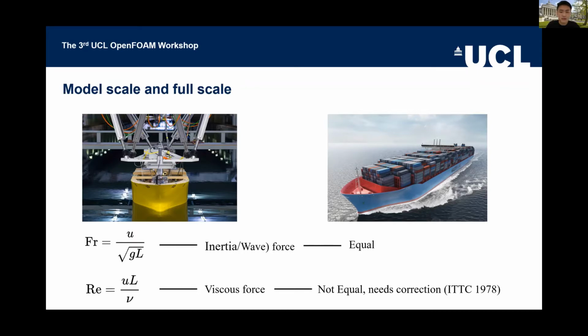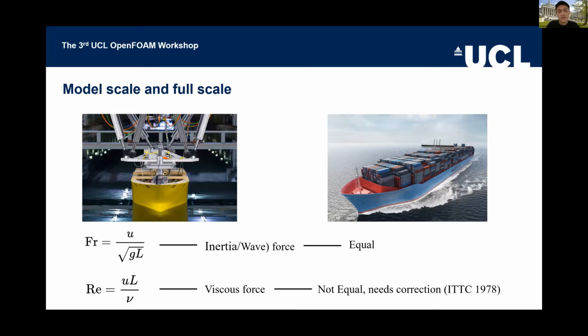The International Towing Tank Conference developed a procedure called ITTC 1978, and it's a conventional method to correct the viscous force. I want to say this because when we run CFD, we normally run it in model scale to compare it with model experiments, because we have a lot of experimental data that we can compare against.